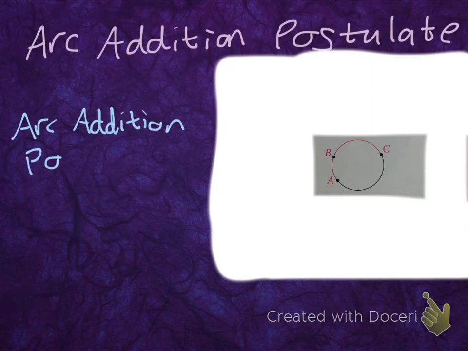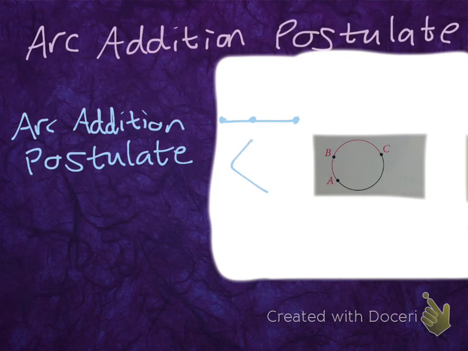Now this should remind you of two other postulates that have similar names. We have the segment addition postulate, and we have the angle addition postulate. The segment addition postulate, remember, says that the two small segments add up to the large one, and the angle addition postulate says the two smaller angles add up to the large angle, right? So the arc addition postulate is going to say the same thing.